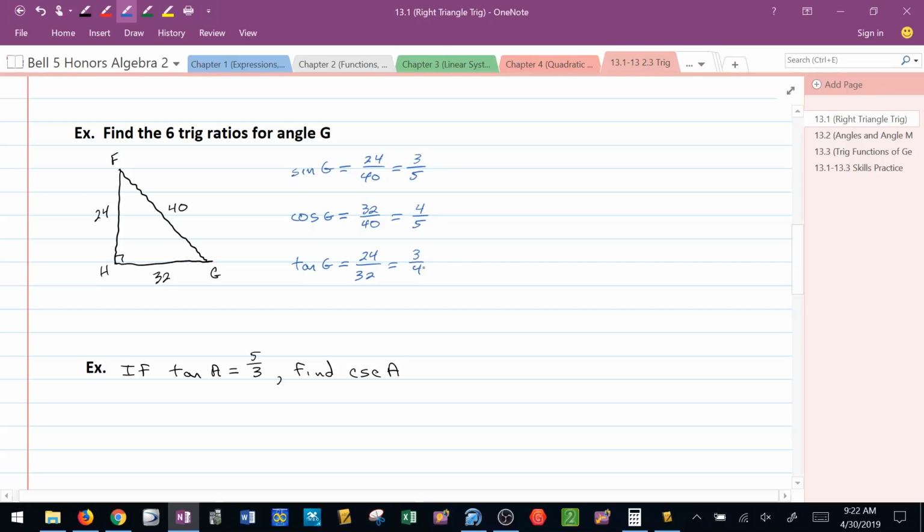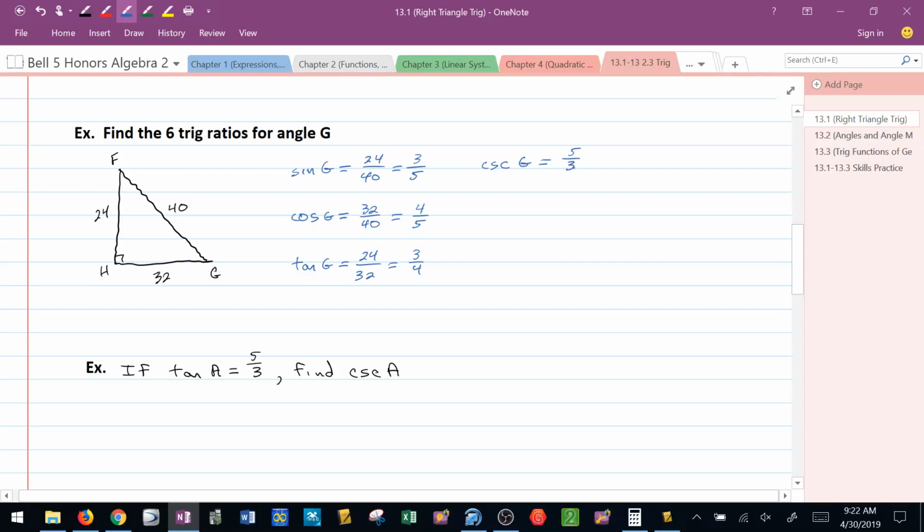Now I need to figure out the other 3 reciprocal trigonometric functions. Now, an easy trick to help me remember what goes with what. I think tangent and cotangent, it's kind of clear that they go together. All right, the other one, sine and cosine, and secant and cosecant, here's what I remember. C goes with S. All right, so in other words, sine has to match up with cosecant of G. And to find the cosecant, I take the sine ratio and flip it over.